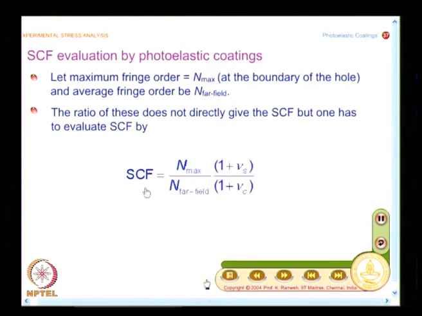So, stress concentration factor, if I use photoelastic coatings, you have to have n max divided by n far field, which is multiplied by 1 plus nu s divided by 1 plus nu c. So, the Poisson ratio of the specimen as well as Poisson ratio of the coating influences your final result.